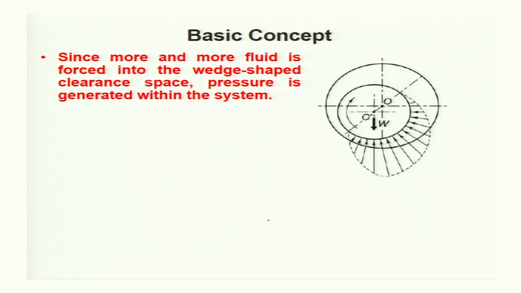So since more and more fluid is forced into this wedge-shaped clearance area, pressure is generated within the system, and that is very much similar to the analysis which we did in our previous class. That means when we have a plate which moves in this way, is fixed, then the velocity profile is something like this, with this as u, this as u.